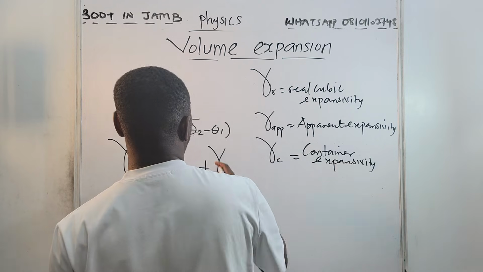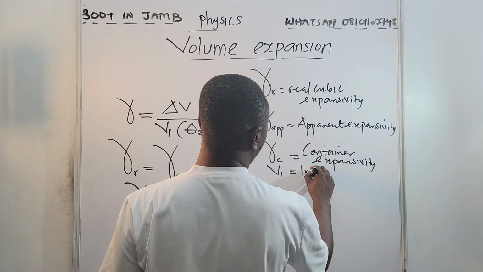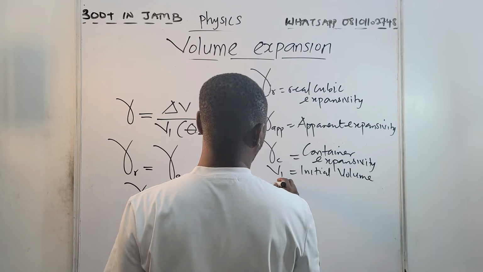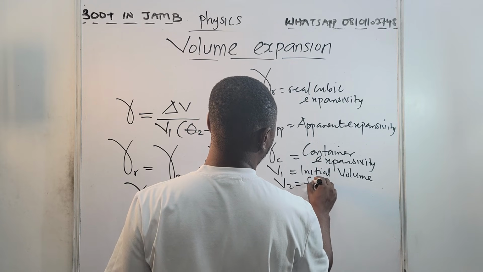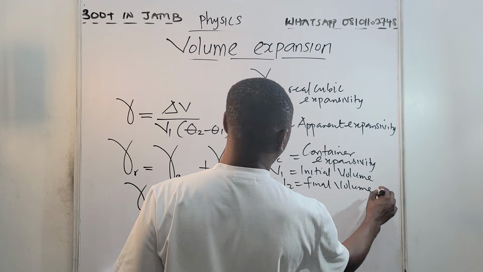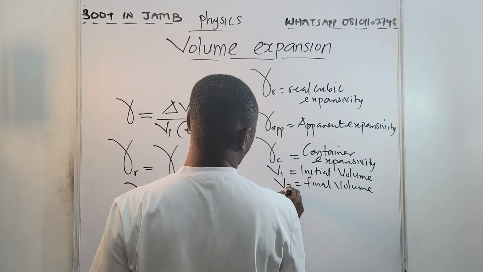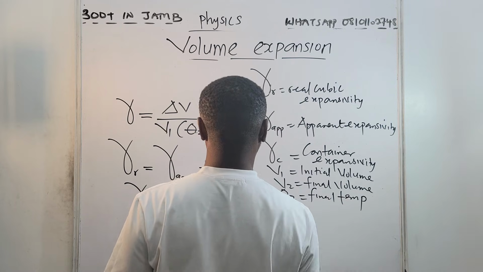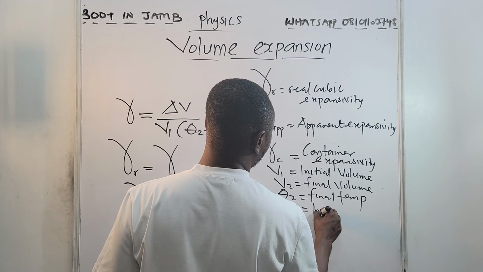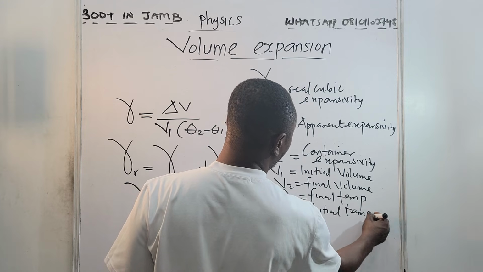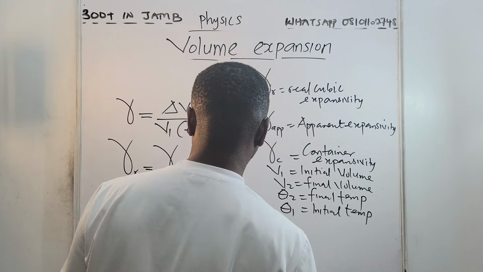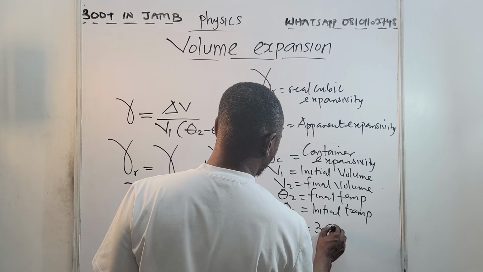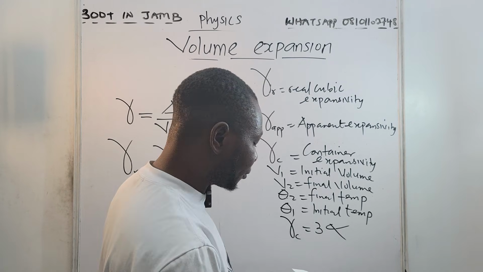We also know that V1 is the initial volume, then V2 is the final volume after the expansion. Theta 2 is the final temperature, and theta 1 is the initial temperature. We also know that the expansivity of the container is 3 alpha.